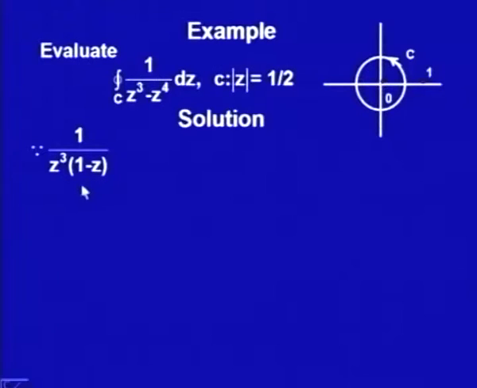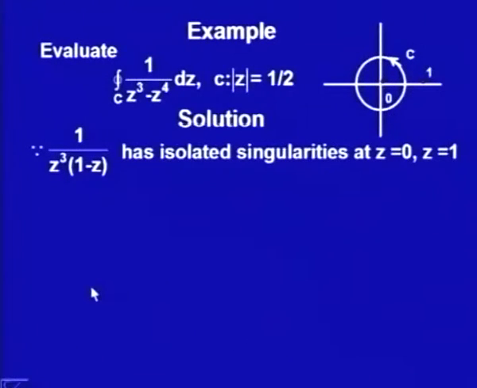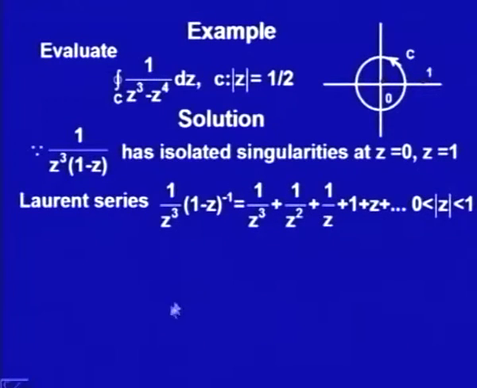So I should use a Laurent series which is valid in the region containing this point. So let us see, this Laurent series is 1 upon z cube into 1 minus z to the power minus 1. We do know again by the Maclaurin expansion that 1 minus z to the power minus 1 is 1 plus z plus z square plus z cube and so on.